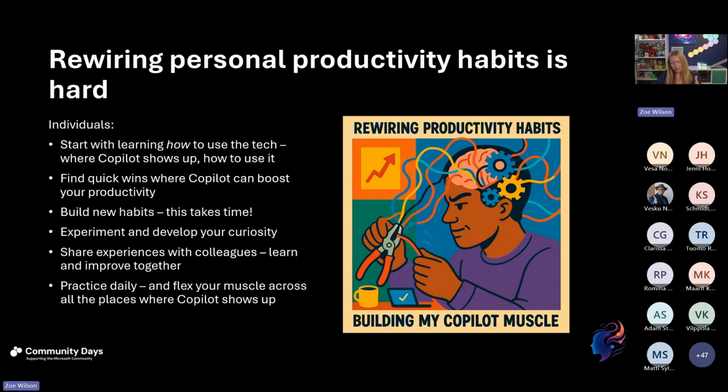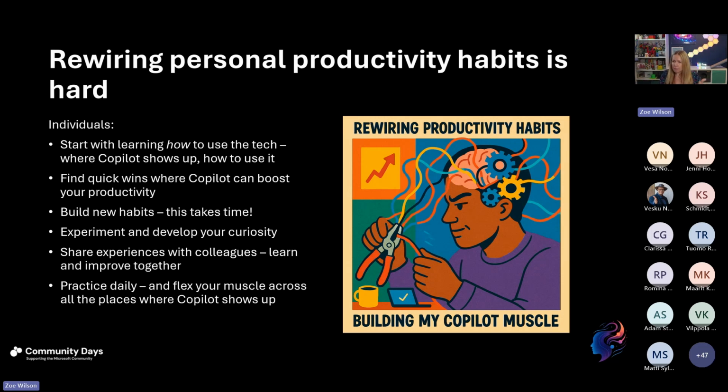But one of the things that I think is really powerful with Copilot is the fact that you can start to build these habits. And then as the broader capabilities across agentic and AI mature and we start to see more complex solutions and those become plugged into Copilot as that UI for AI, people have already started to build these habits that will help them adopt some of these other changes more easily.